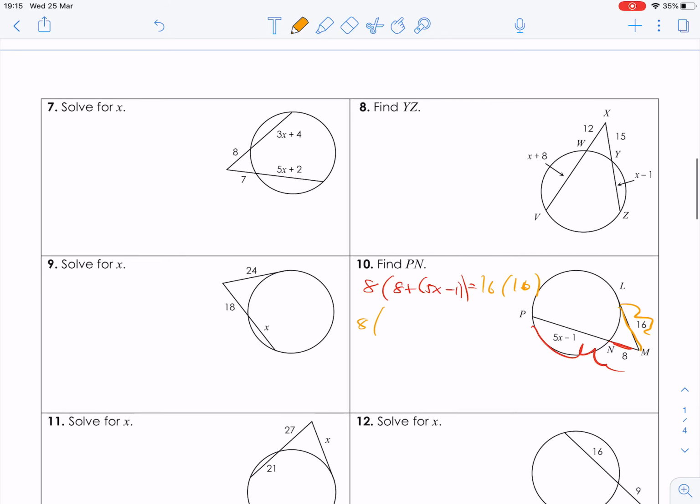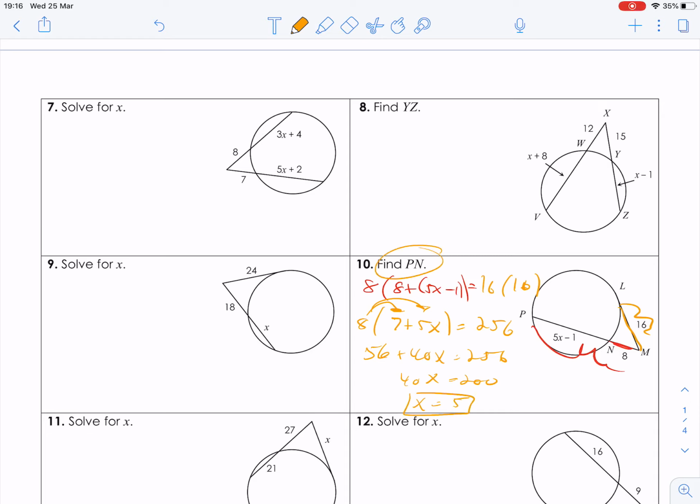And let's do in the parentheses. We get 7 plus 5x. Make sure you put in parentheses, guys, or you're going to get lost here. All right, so this is going to equal 256. So we get 56 plus 40x equals 256. 40x equals 200. X equals 5.